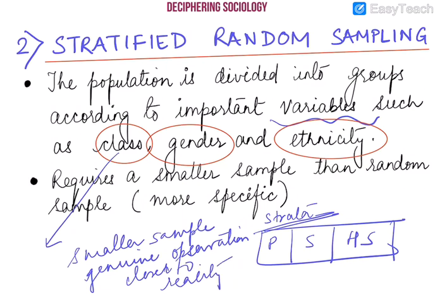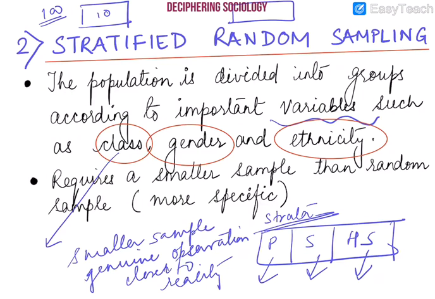What is the difference between random and stratified? In random sampling, what am I doing? For example, I have to study those 100 students. I am taking 10 students, random students. I am not worrying about whether they are from primary section, secondary or higher secondary. But in stratified, what am I doing? I am dividing those 100 students into 3 categories, that means into 3 strata.